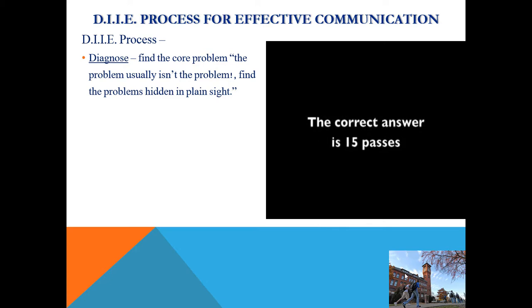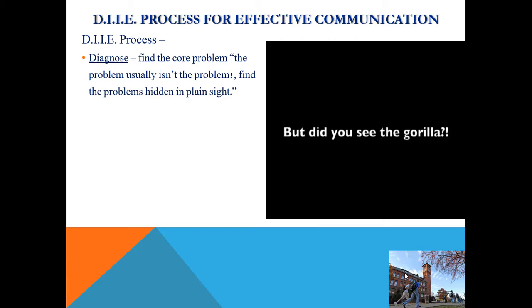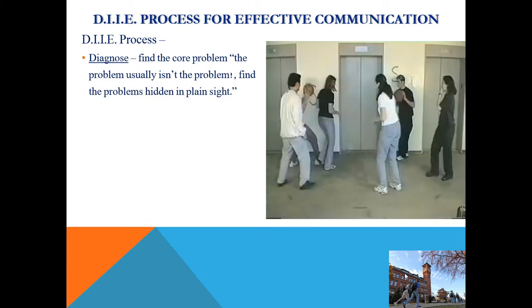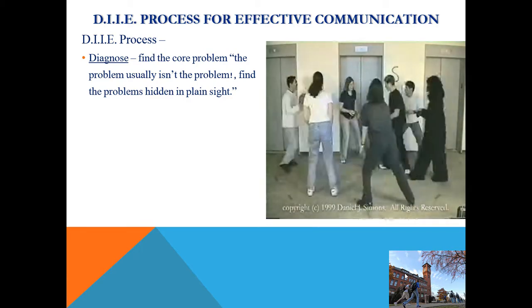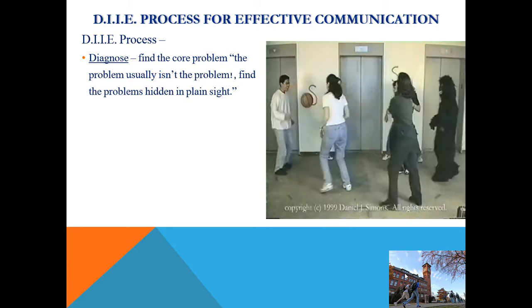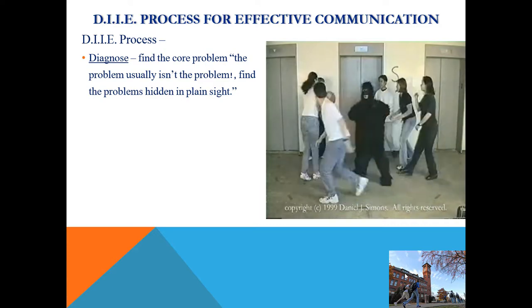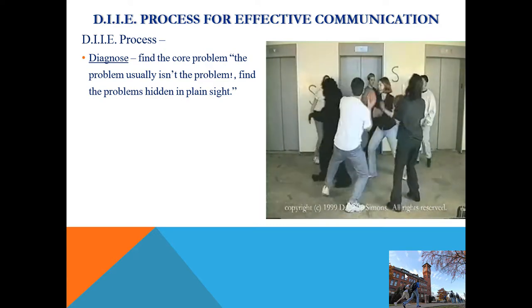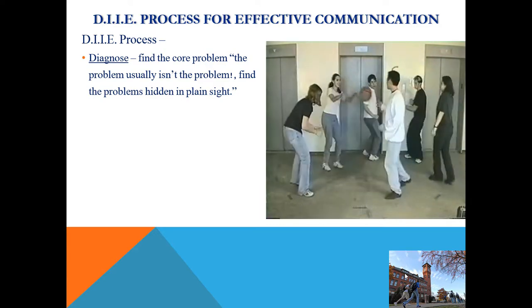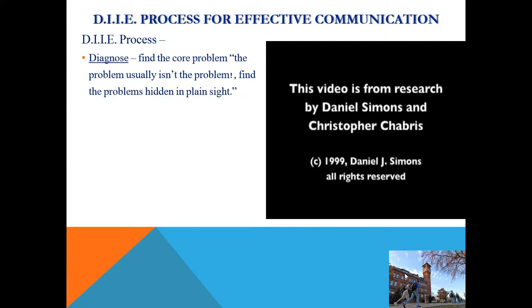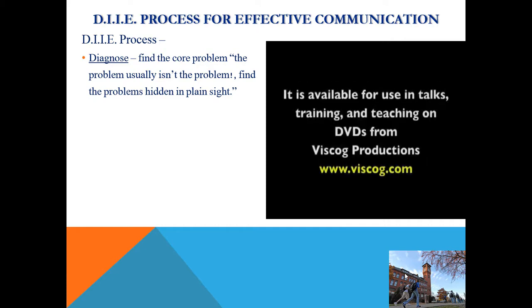The correct answer is 15 passes. But did you see the gorilla? This video is from research by Daniel Simons and Christopher Chabris and is copyrighted. It is available for use in talks, training, and teaching on DVDs from VisCog Productions.